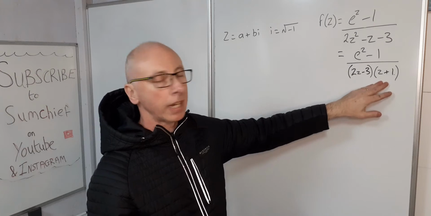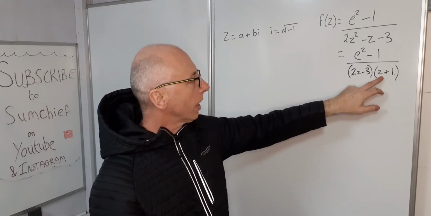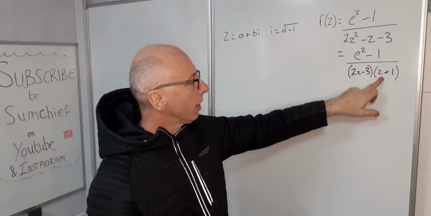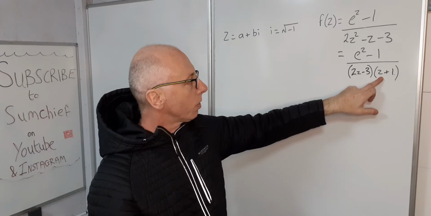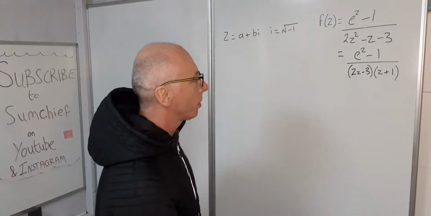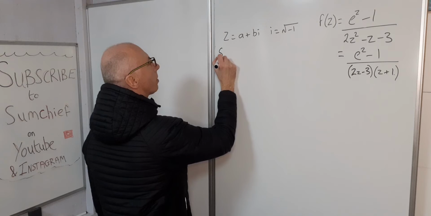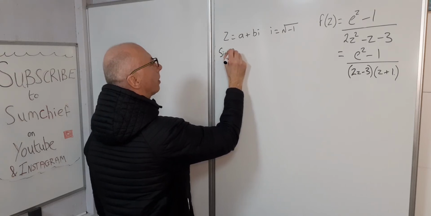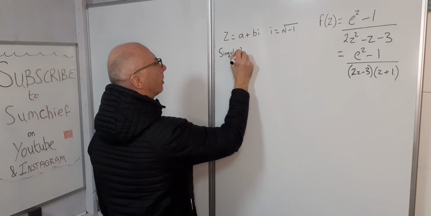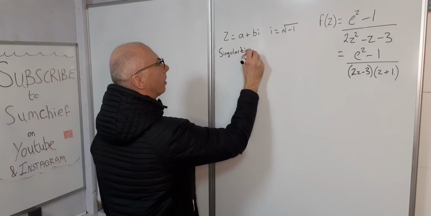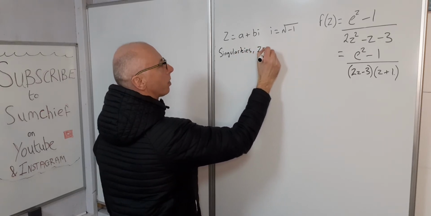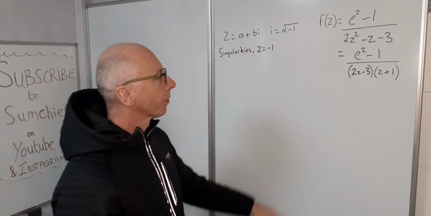Now we can find the singularities. To make this disappear, z equals minus 1. So there's our first singularity, z equals minus 1.